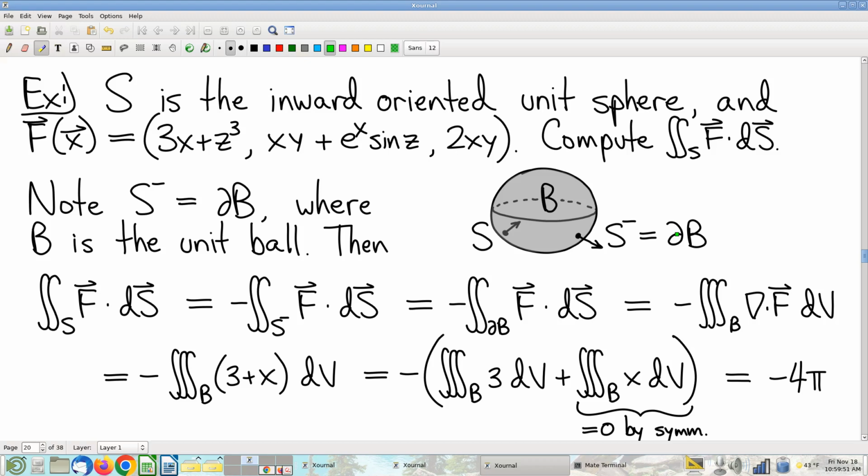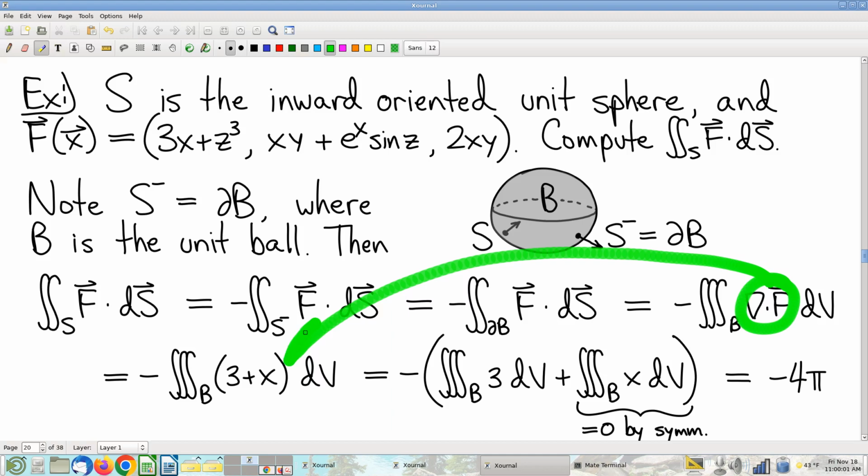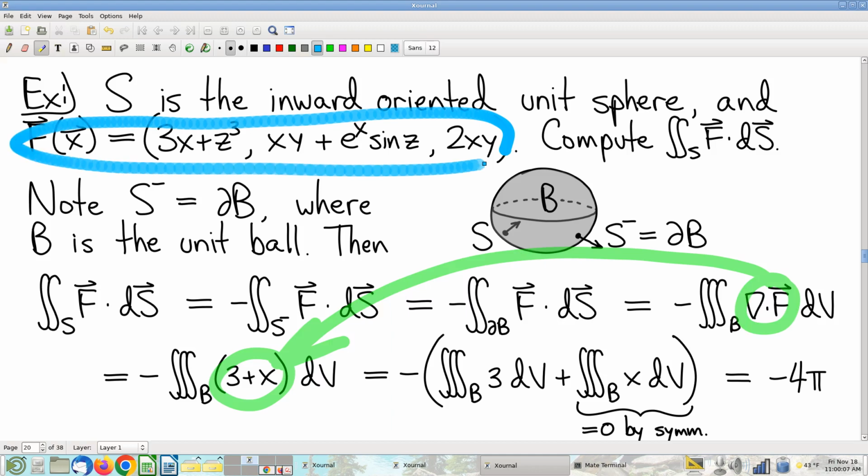Okay, so I don't want to say it's all over exactly, but most of the fun is over here. We have a triple integral of divergence. Now, to be fair, we do have to compute divergence. I claim it ends up being 3 plus x, and the way you compute that is you take the vector field and you play the game.